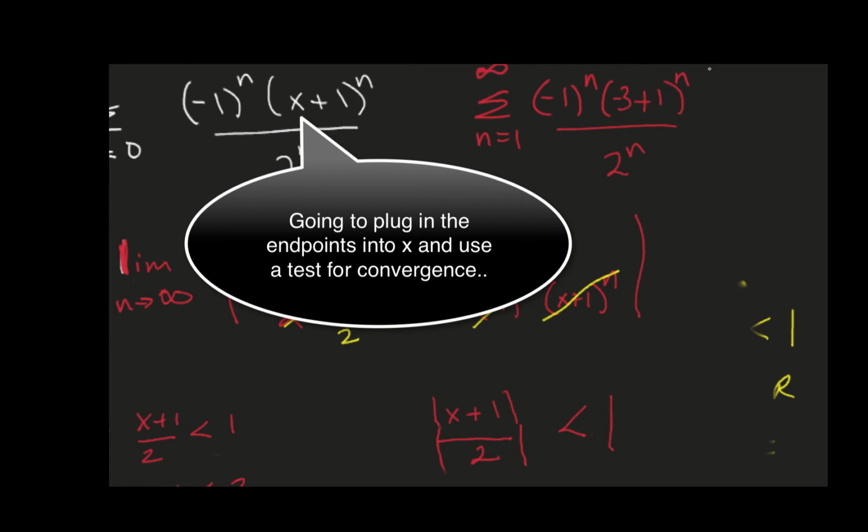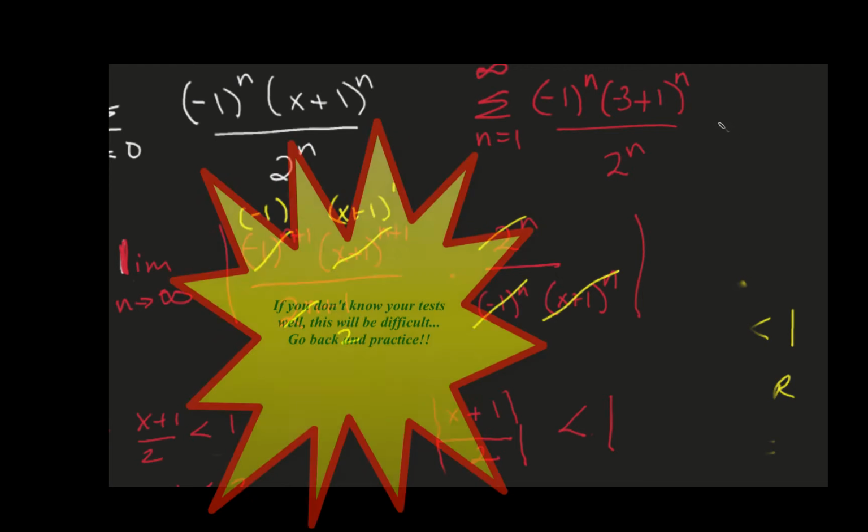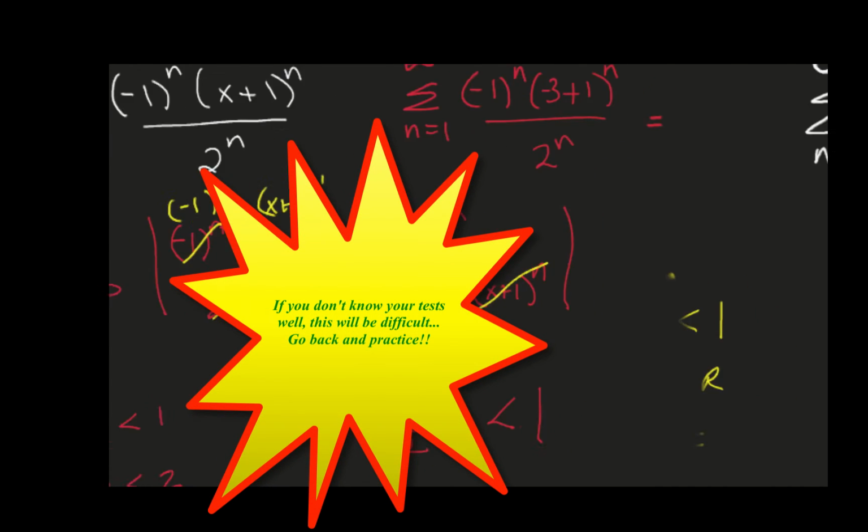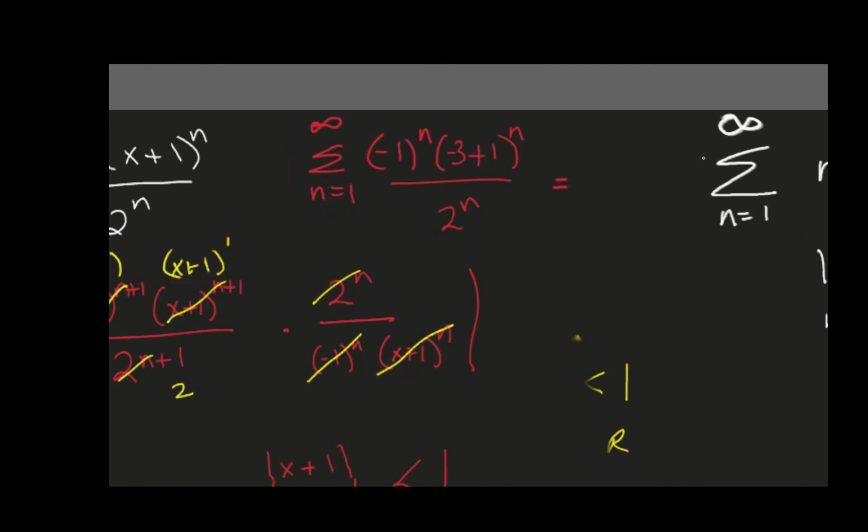Okay, when I do that, what do I get? We get (-1)^n, (-2)^n over 2^n.